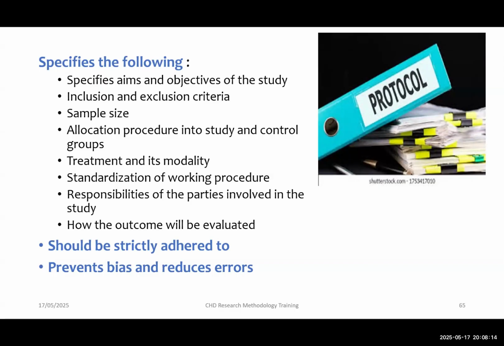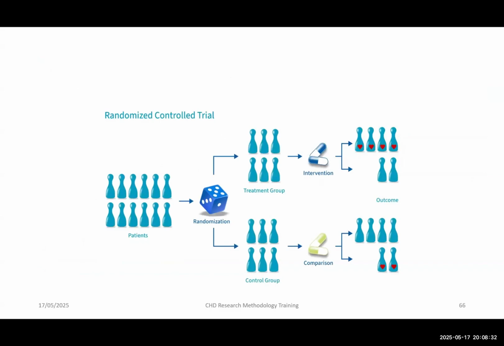No, if you measure the intervention group's blood pressure 3 times a day, you must do the same thing to the control group. And you must prevent bias to reduce error in your calculation or in doing your protocol.